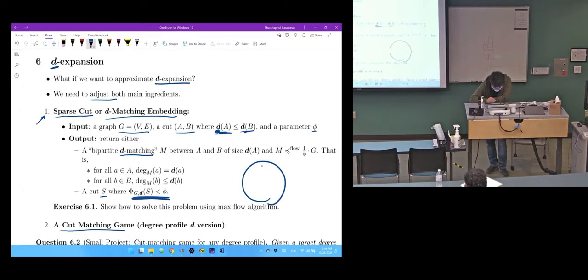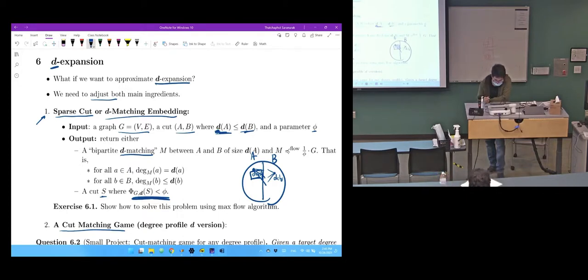You get a cut with an A side and a B side, and each of these nodes has some demand: demand d_A and demand d_B. Then you get a meshing where each node on the left can mesh to d_A many nodes, and each node on the right can mesh to d_B many nodes.